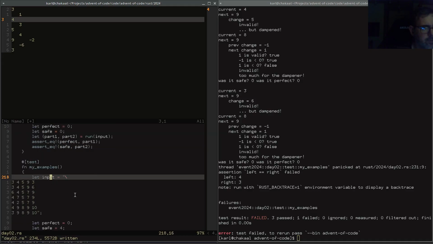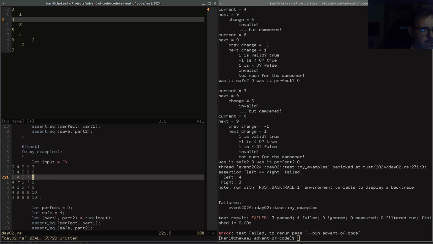So we only had one here fail. So let's see. That should be safe. Right, if we toss the 9, we're good. If we toss the 6, we're good. If we toss the 7, we're good.